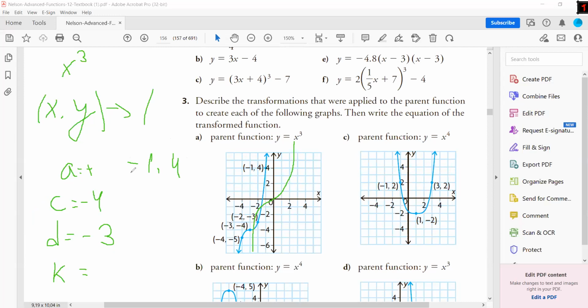So when x equals -1 for the transformed function, the parent function would have x equals 2, and for y equals 4, the parent function would have y equals 4 plus 4, 8. So x equals 2, y equals 8.